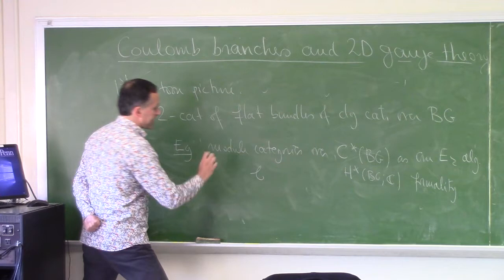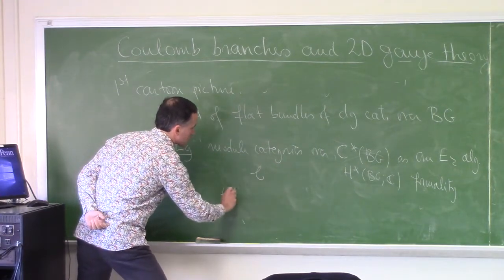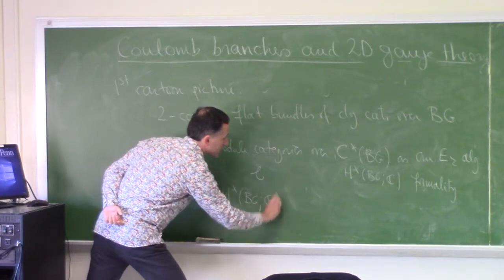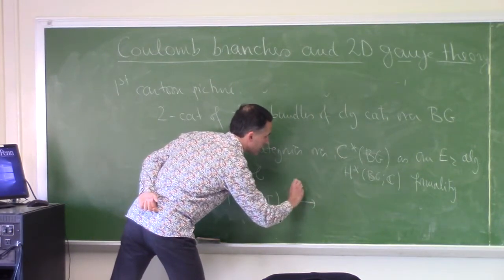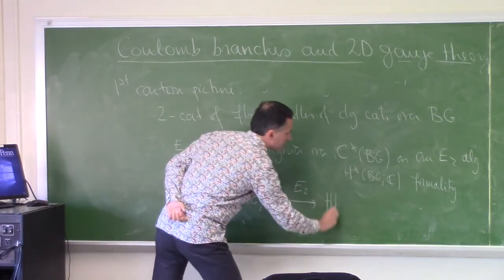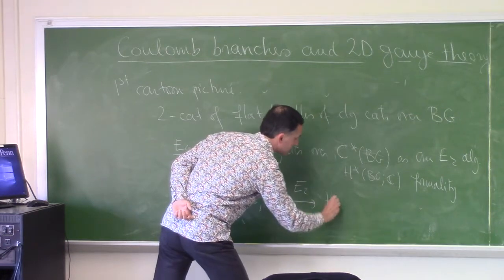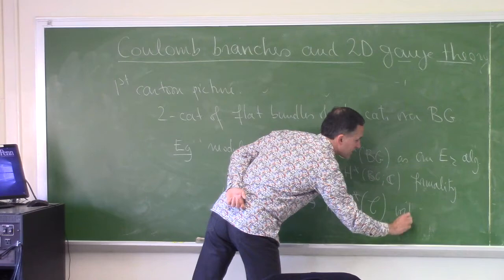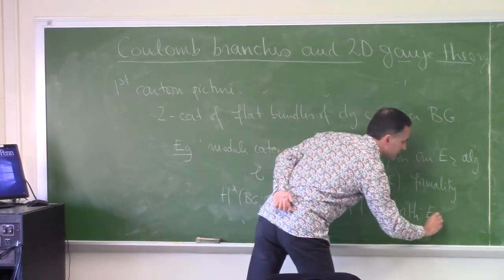And by that I mean, if you see such a category, I'm asking that there should be an E2 map to the center, the Hochschild cochains, I should say. Cochains of C would be its natural E2 structure.